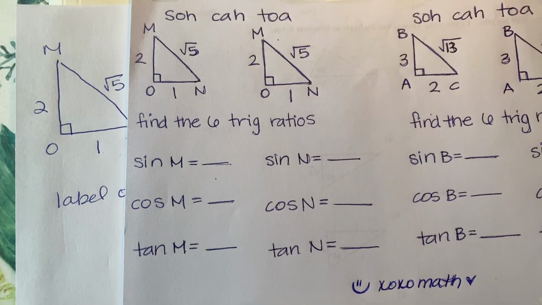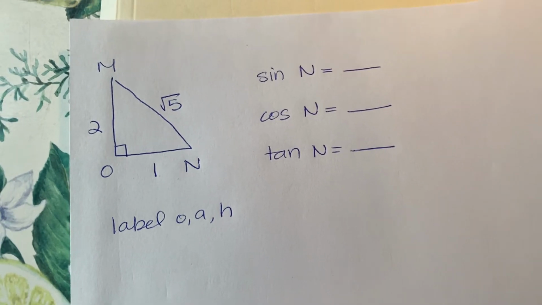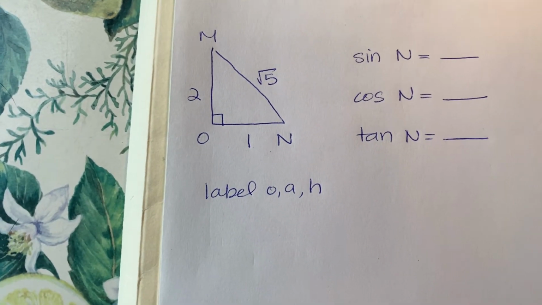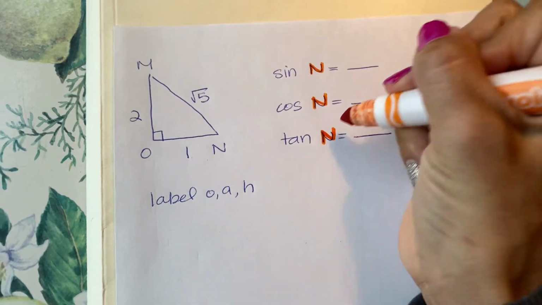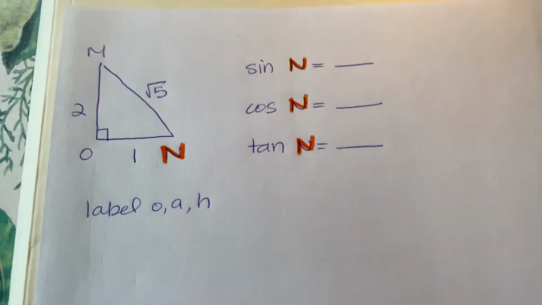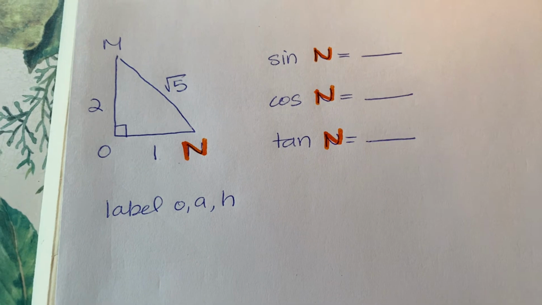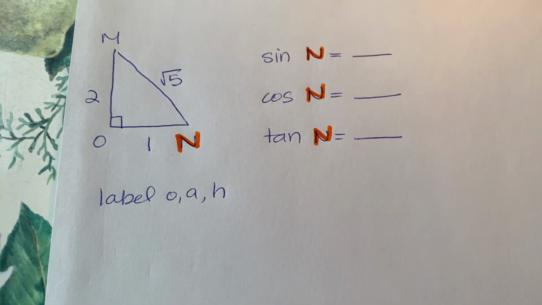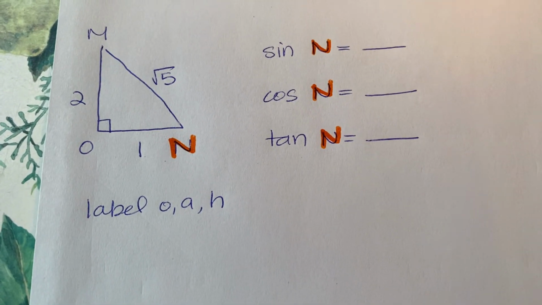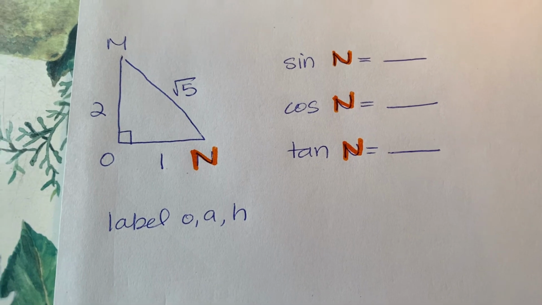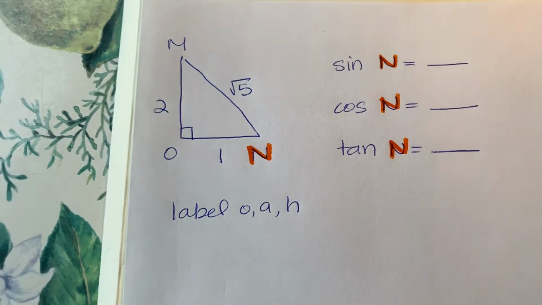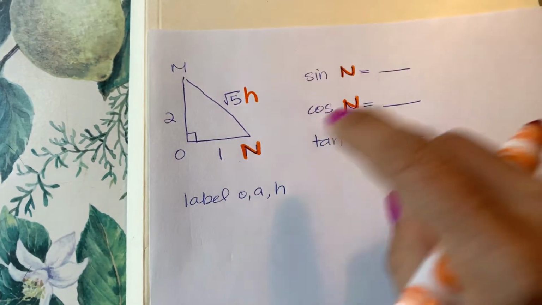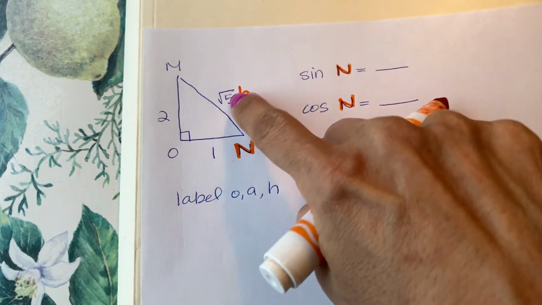So match it, N, N, N, N. Not complicated, just focus on the angle. That's what it's telling you. Now you're going to label OAH based off of this. Hypotenuse is non-negotiable. Hypotenuse is always the side opposite the 90 degrees.